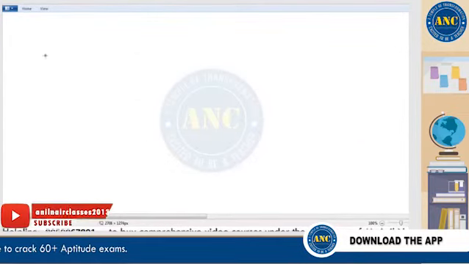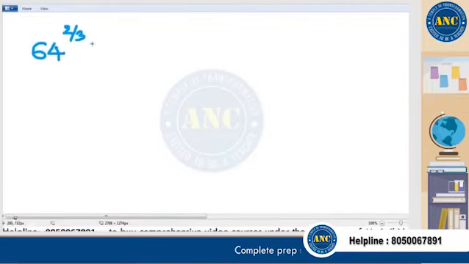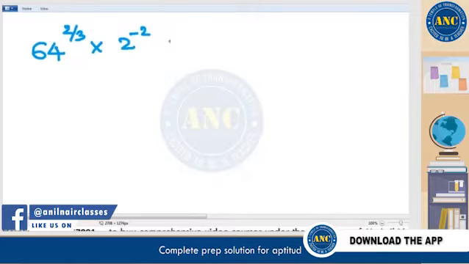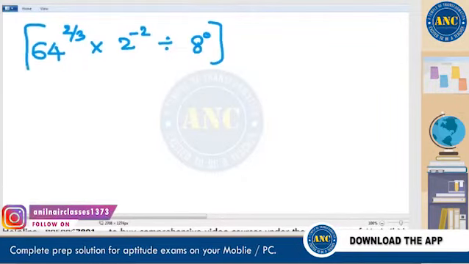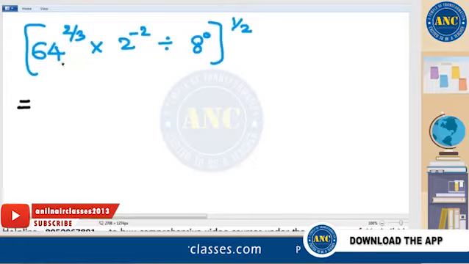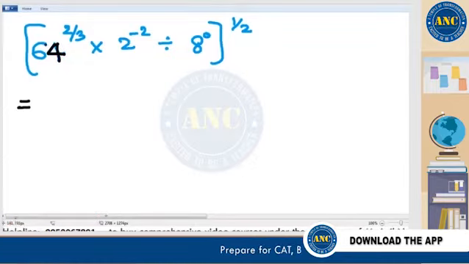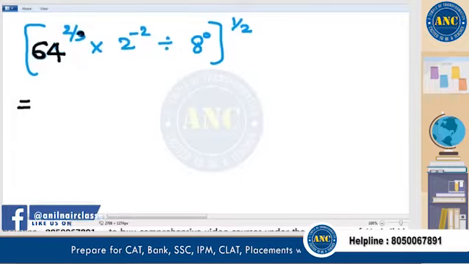Suppose, for example, another question: 64 to the power of 2 by 3 into 2 power minus 2 divided by 8 power 0, whole to the power of 1 by 2. That means I am finding the square root of this value. 64 power 2 by 3: 64 is nothing but 4 cube, 4 cube to the power of 2 by 3.